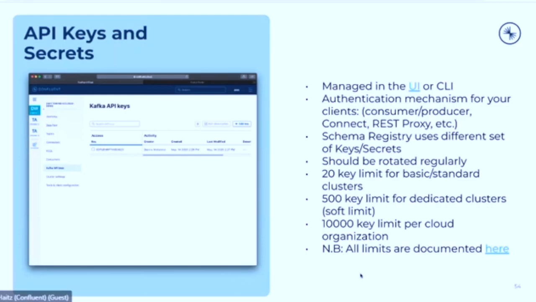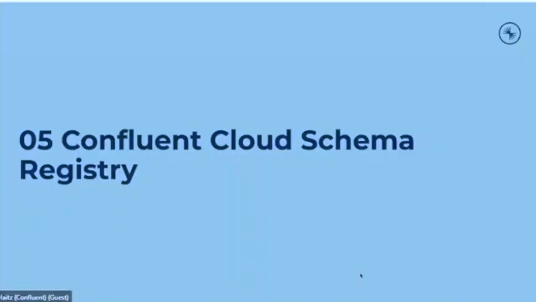RBAC is under active development, and there we will see an update in the second half of the year to extend RBAC to the data plane. And then this will also then trigger a longer list of roles available for the control plane. That brings us to the managed Confluent Cloud Schema Registry.